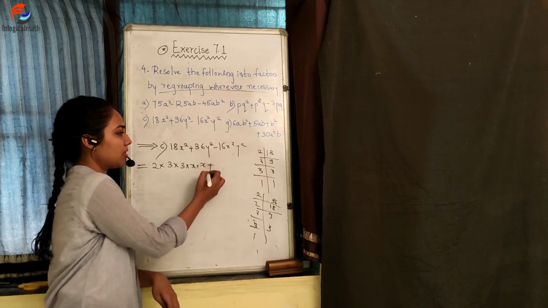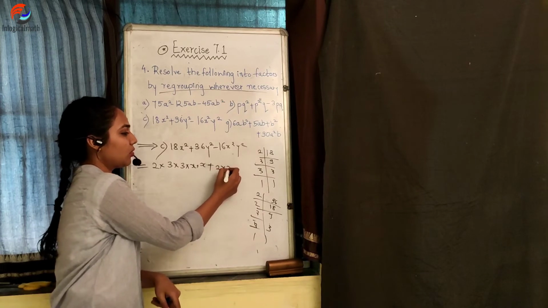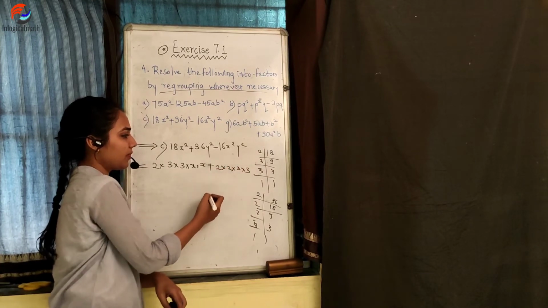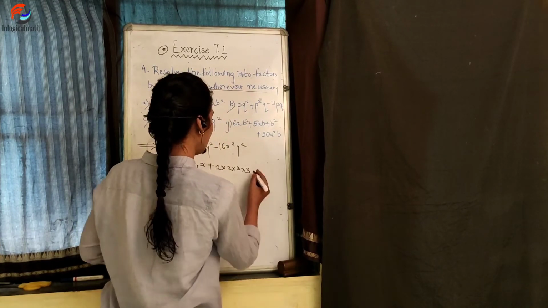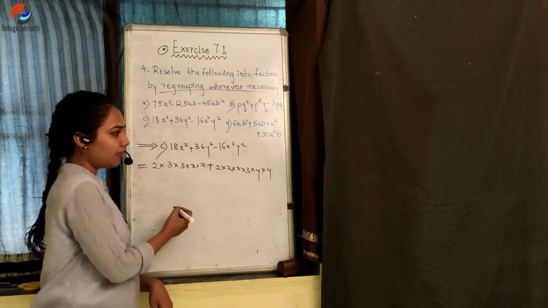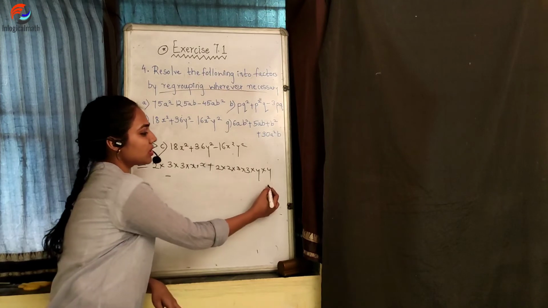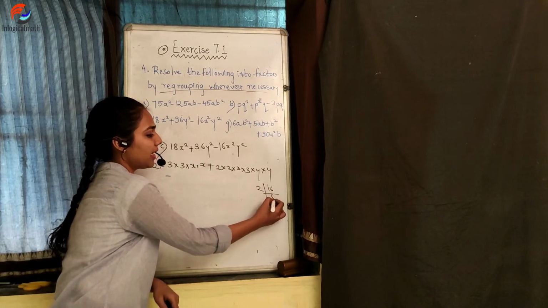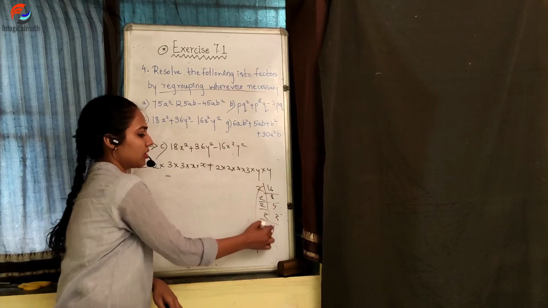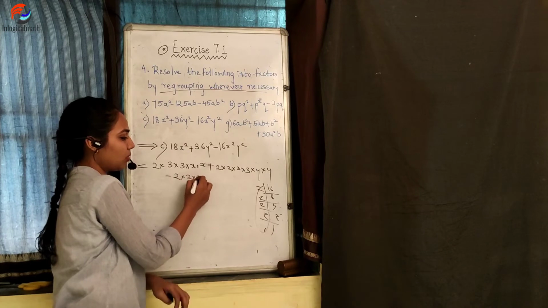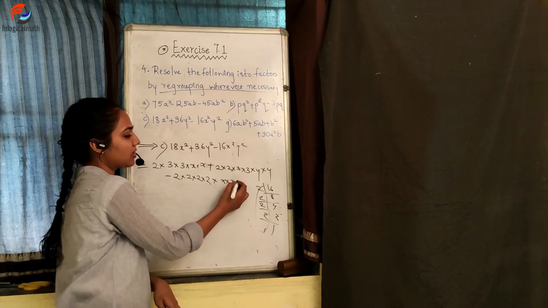Plus 36, which is 2 multiply 2 multiply 3 multiply 3. Y having 2 power, so multiply y, y. Minus 16x square y square. So 16: 2 8s are 16, 2 4s are 8, 2 2s are 4, 2 1s are 2. So 2 multiply 2 multiply 2 multiply 2 multiply x square, x having 2 powers, so x multiply x, y multiply y.